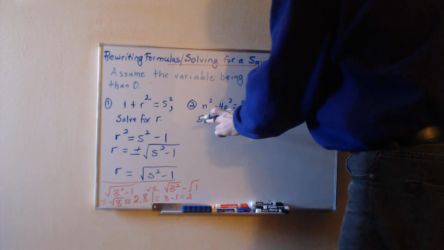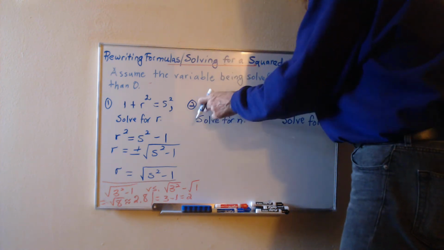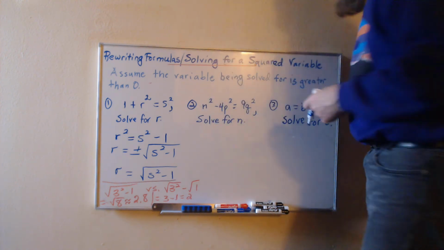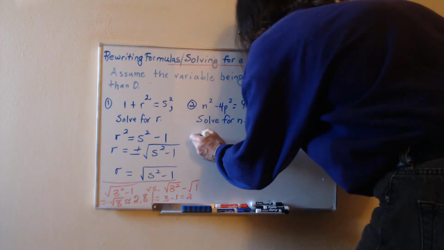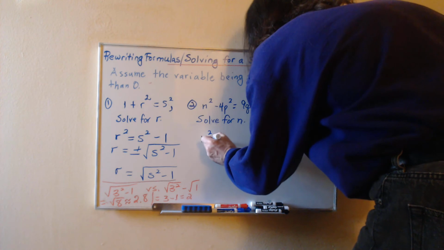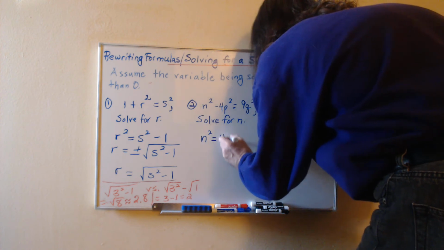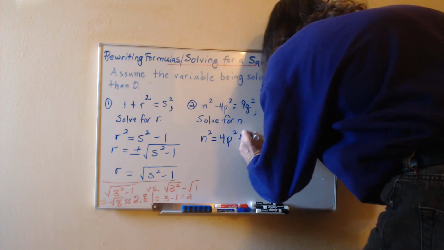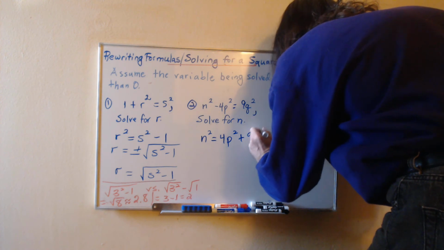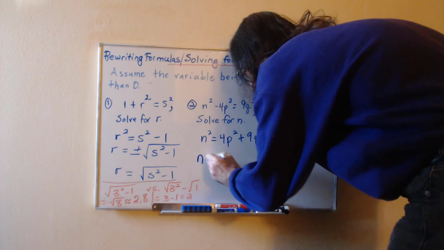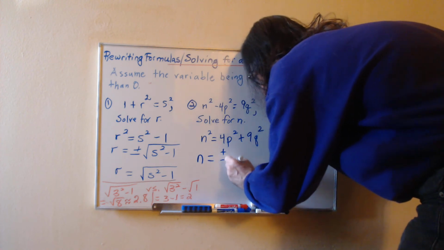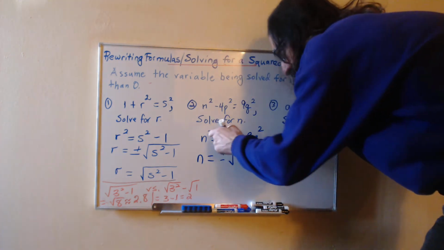So here we're supposed to solve for n. After the squaring, all that happened was we subtracted 4p squared. So I'm going to add 4p squared to the 9q squared. Take the square root of both sides so that it cancels the squaring on the left.